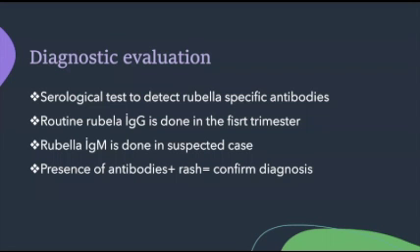For diagnostic evaluation, serological tests are used to detect rubella-specific antibodies. Routine rubella immunoglobulin G is done in the first trimester. Rubella immunoglobulin G is done in a suspected case, and the presence of antibodies plus rash confirms the diagnosis.